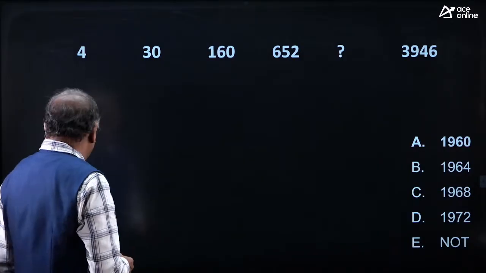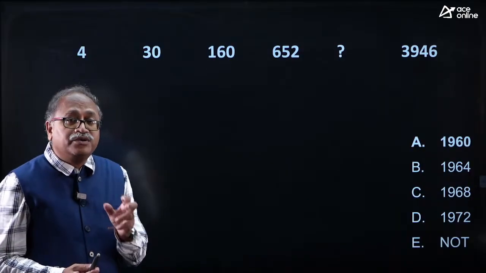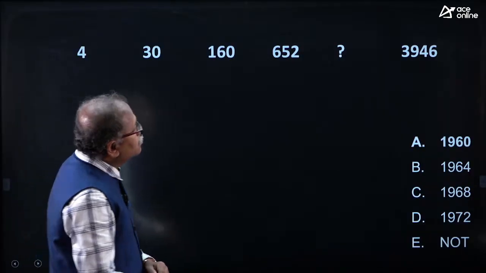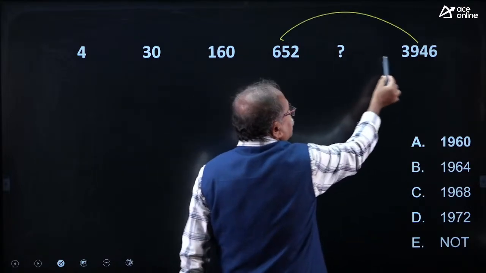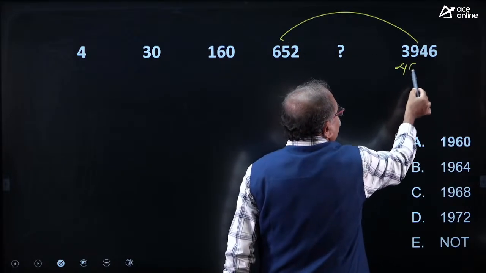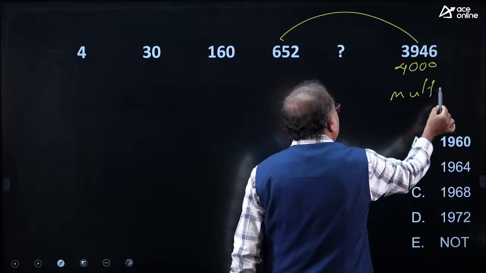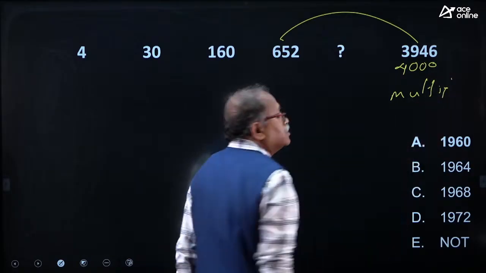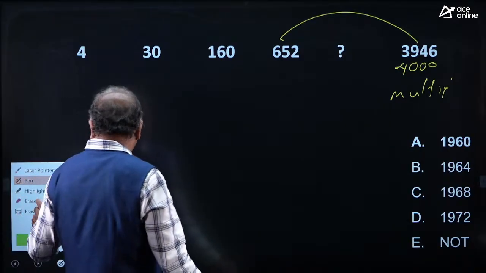So, in the number series, it is important to get the clue. So, what I notice is from here to here it is 600 something, it is almost close to 4000. I am sure that this is a multiplication based. Now, the next is what number multiplication it should be.